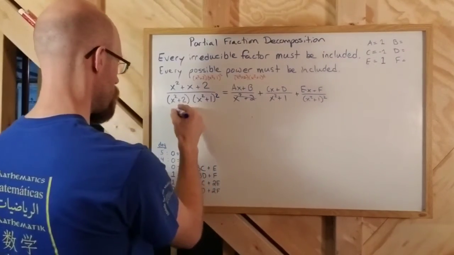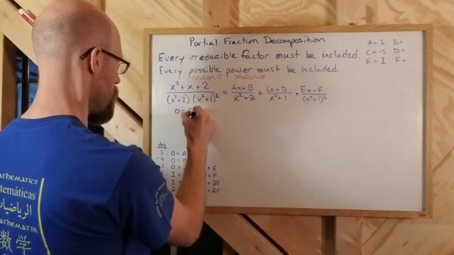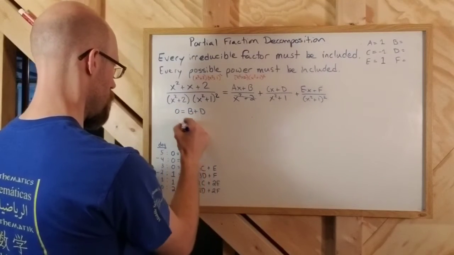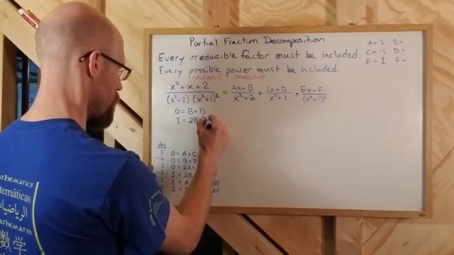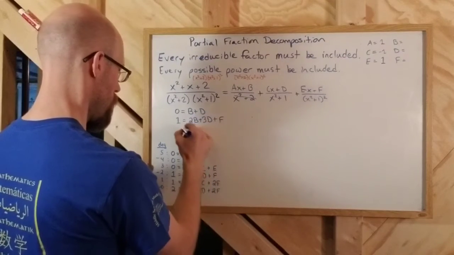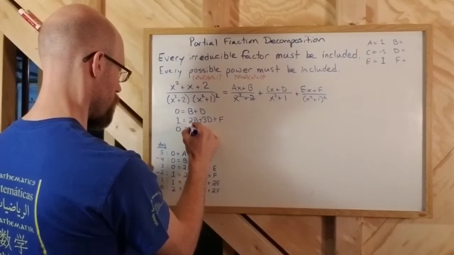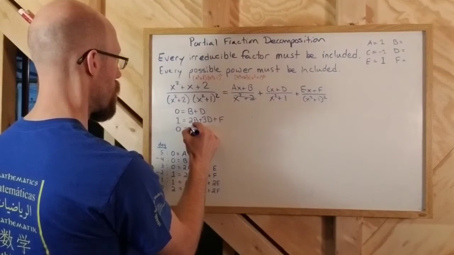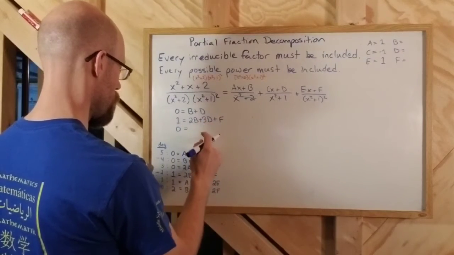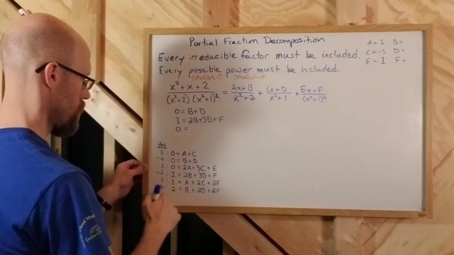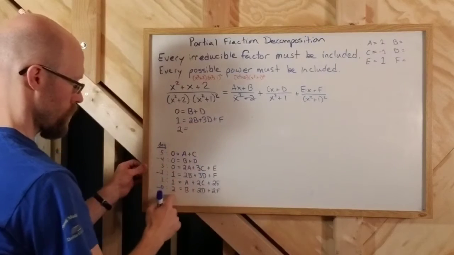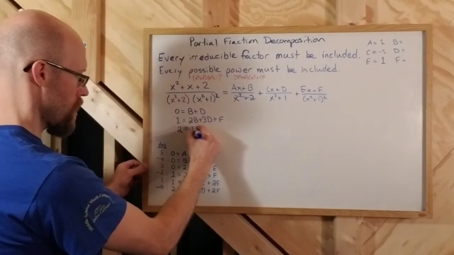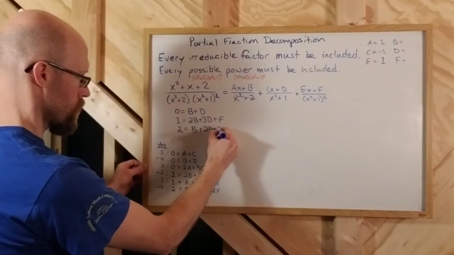So I get 0 equals B plus D, 1 equals 2B plus 3D plus F, and no, not 0, 2. 2 equals B plus 2D plus 2F.